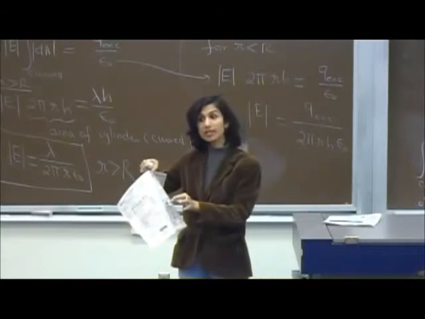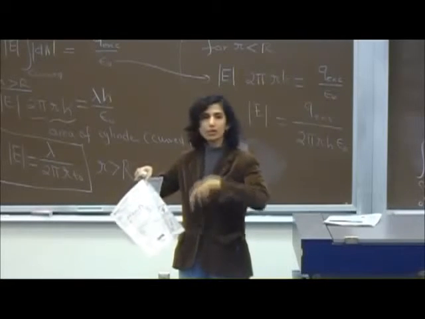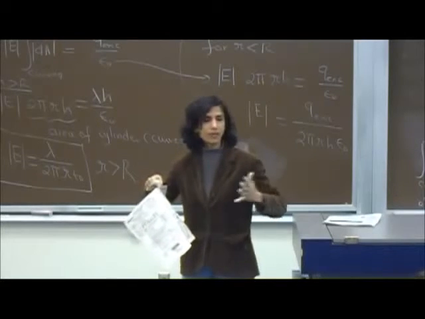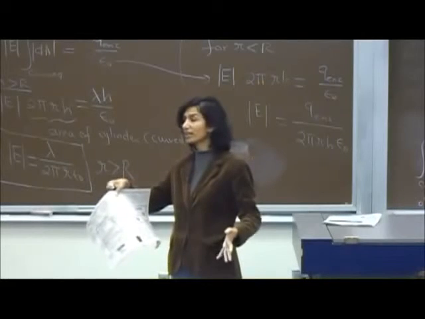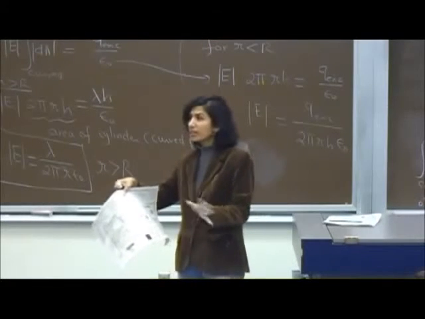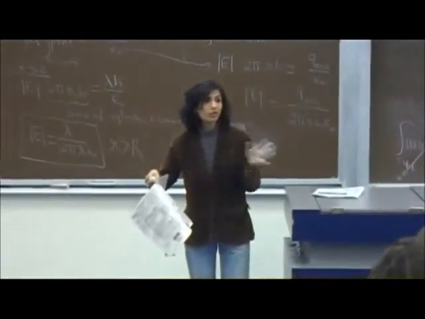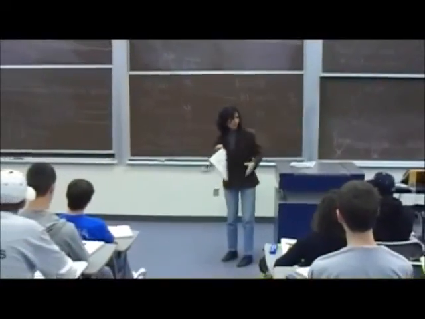But think about choosing that surface carefully so that you don't have to do any complicated integral. You can pull the electric field out, you can claim that the angle that the electric field is making with the area vector is either 0 degrees, 180 degrees or 90 degrees, something simple so that you can do your integrals without really going through some mess. Talk to a person next to you.